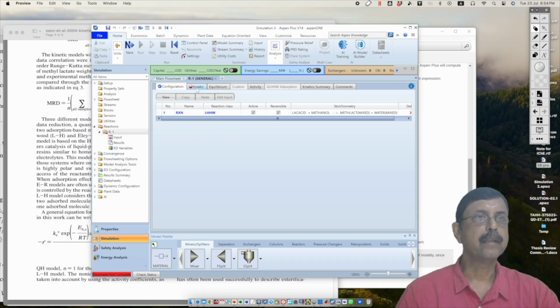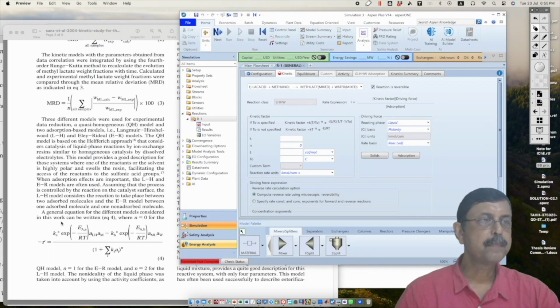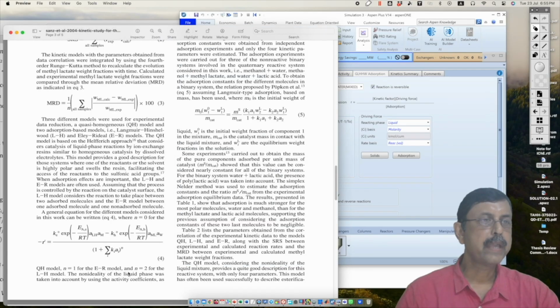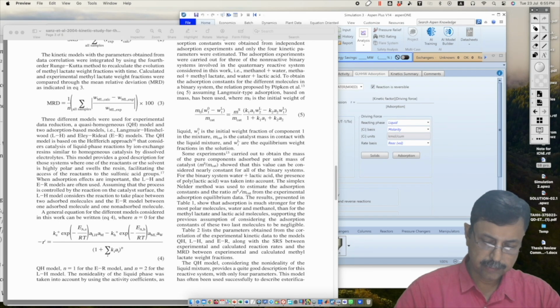Go to kinetics. Now in the kinetics, this particular equation we have to give in a proper format, and that proper format will be something like this.